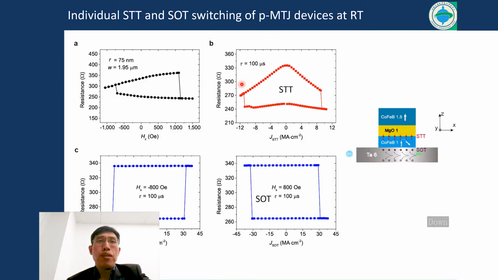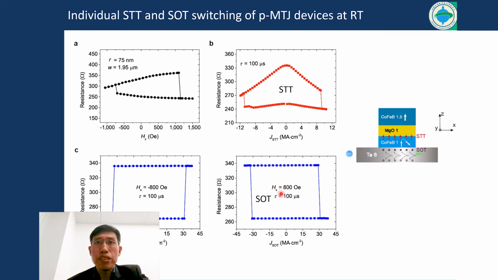In order to validate these devices, first we show the case with no SOT current, only one interface. This is a conventional STT curve. You can see that the switching is based on the electrical current from the top to the bottom. We also tried only the spin orbit torque without STT interaction.